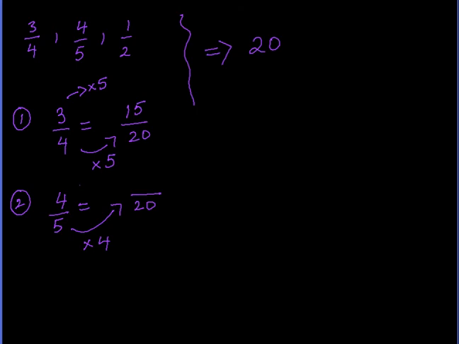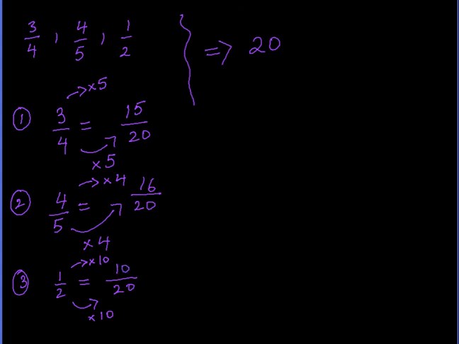So I'm going to multiply the top number by 4 as well. 4 times 4 gives me 16, and for the third one I've got a half, and I'm going to change that into 20, so I need to multiply this by 10, and 2 times 10 is equal to 20, so I'm going to multiply the top number by 10, and 1 times 10 gives you 10.